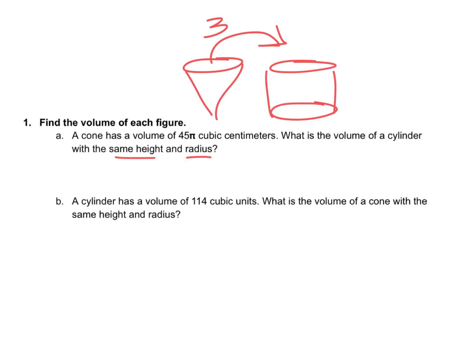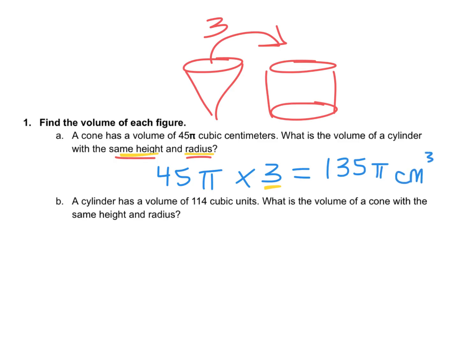So if the cone had a volume of 45 pi, the volume of the cylinder would be 3 times that. Therefore, 45 times 3 is 135 pi. As long as they have the same height and the same radius, the cylinder is 3 times bigger than the cone. And the label would be centimeters cubed or cubic centimeters.